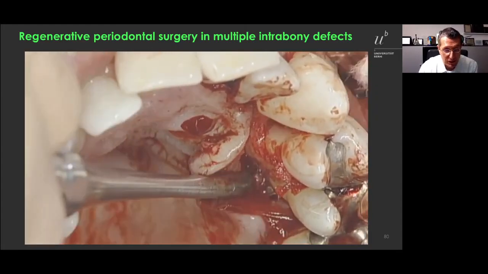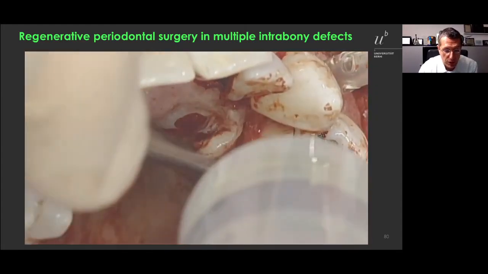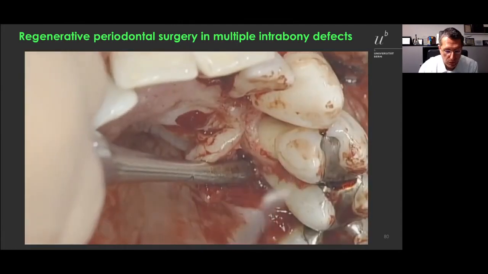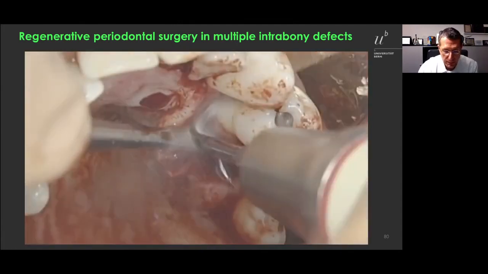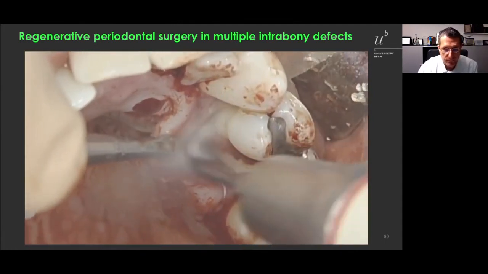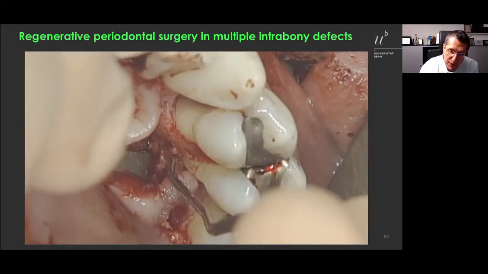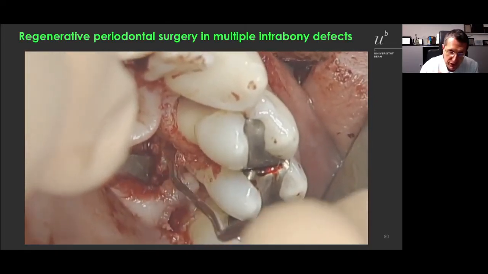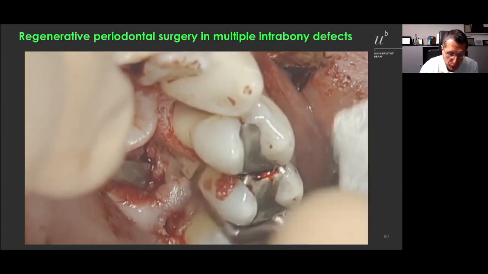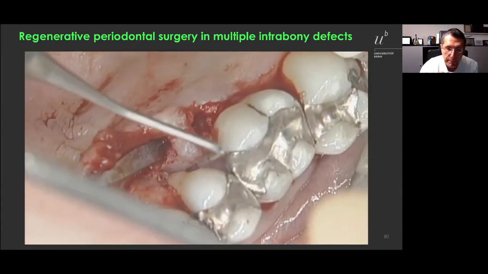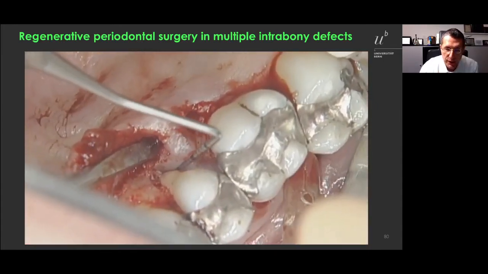Open up, in this case also palatally. Sometimes we don't need to open the defects at both sides. I like to clean the defect and the root surface using ultrasonic instruments and also using my curette. Okay? And now I characterize the defect.